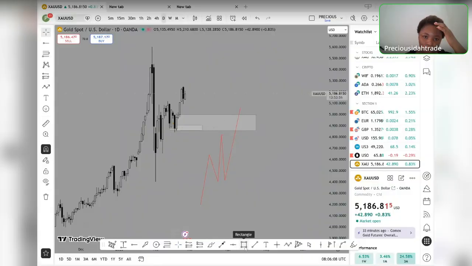The external structure is just giving us the direction of where price goes, but the internal structure is refining our entry, where to take our trade from, strategically. So price came all the way here to mitigate another block here, moving here.